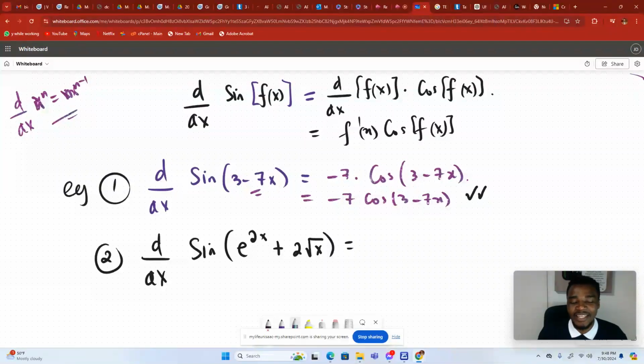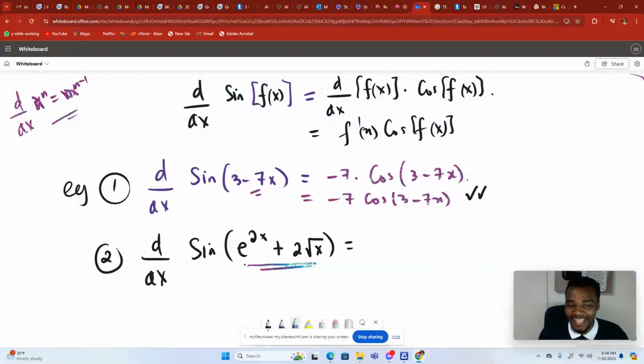As you see here, we've got sine of a certain function. How do we differentiate the sine of a certain function? The first thing we have to do is differentiate that function and multiply by cosine of that function. So in this case, we need to find the derivative of e to the power of 2x plus 2 root x first.